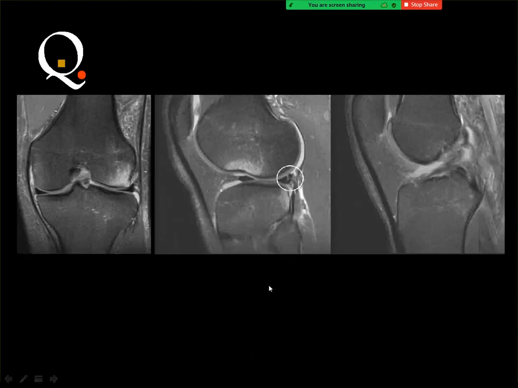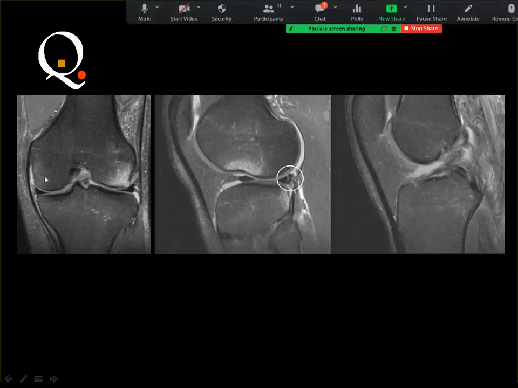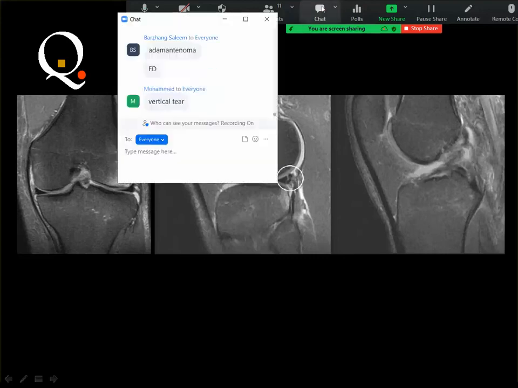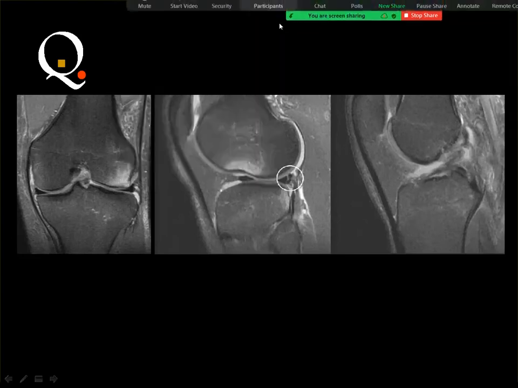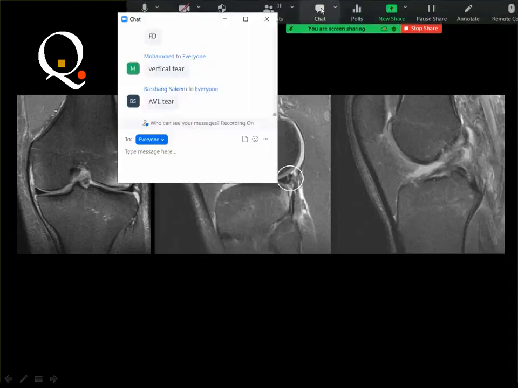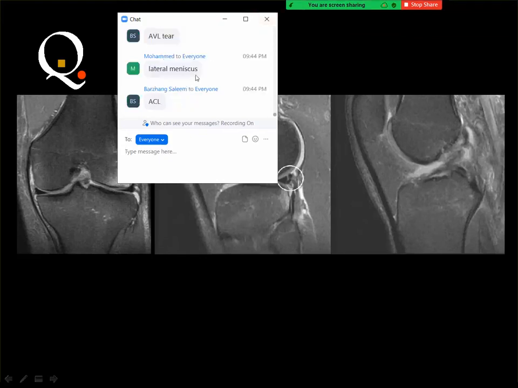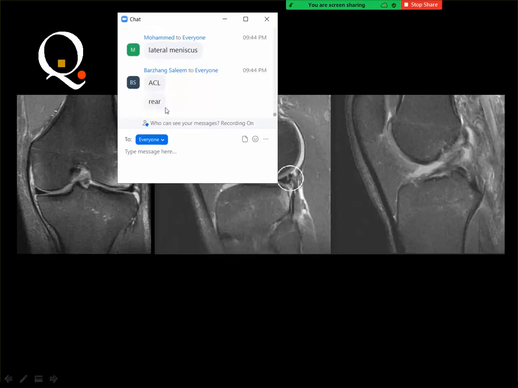Then this is MRI of the knee, and this circle shows the pathology in the meniscus, and also you got another lesion here and one other lesion there. Vertical tear of what? Vertical tear of the lateral meniscus and ACL. What do you mean by ACL? Tear.